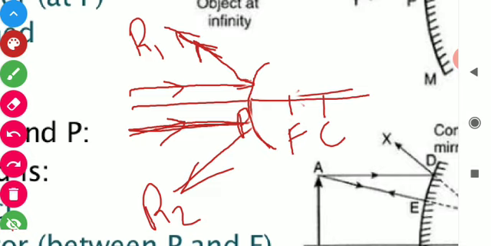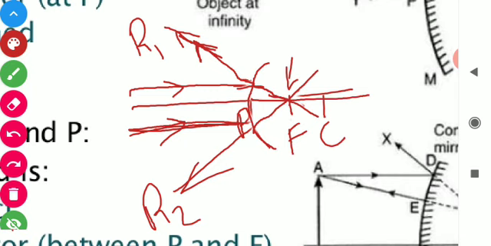But if we backtrack these two lines, they meet at the focus. They actually don't meet. But if we backtrack both the lines, then they will meet at the focus. So here we see that this image will be at the focus.